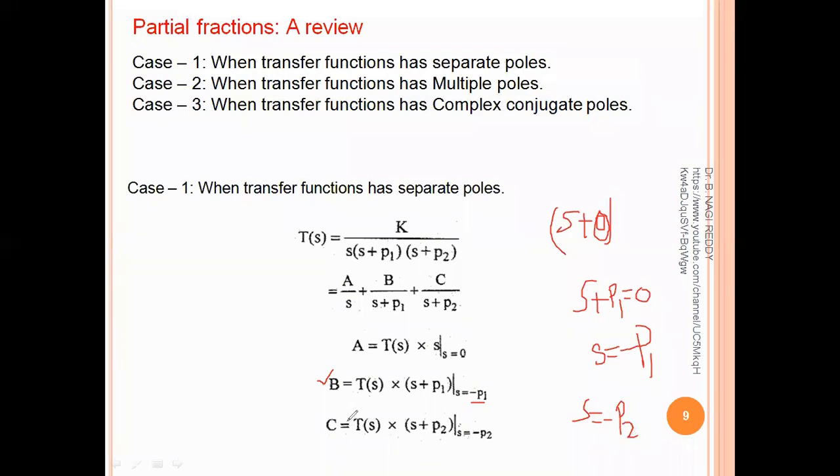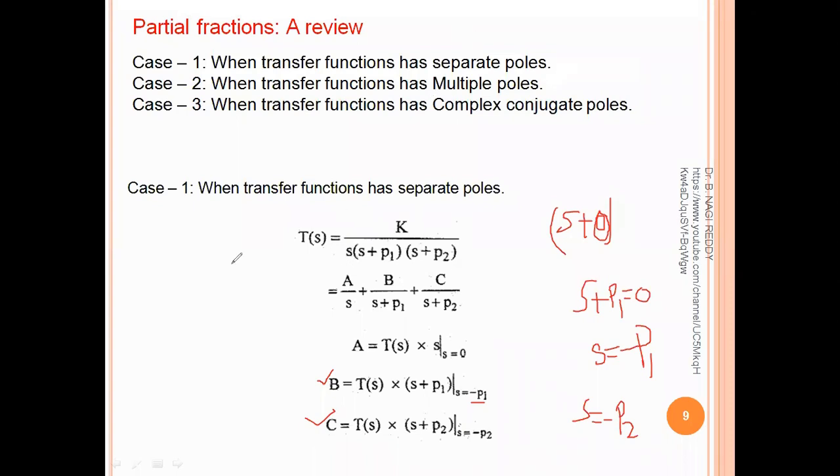So we substitute this minus p2 in this expression to determine the constant c. So this is how we can partial fraction the given transfer function. So this is our first case.